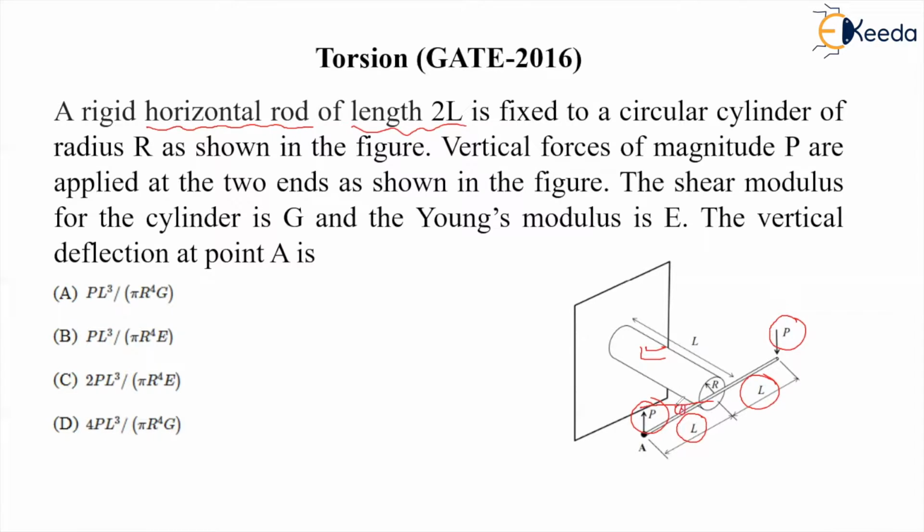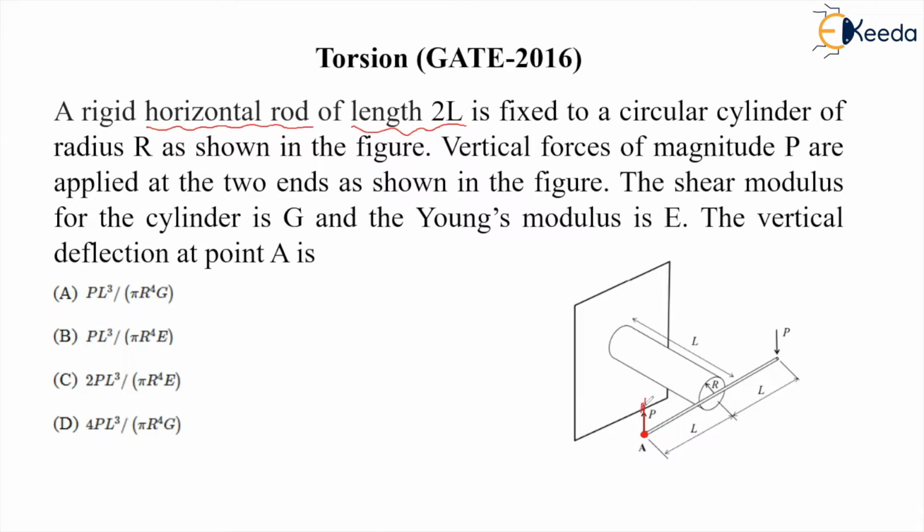So we have to find out the vertical deflection of this point A. This point A will move slightly upward due to the applied forces, and it has some angle of twist theta.